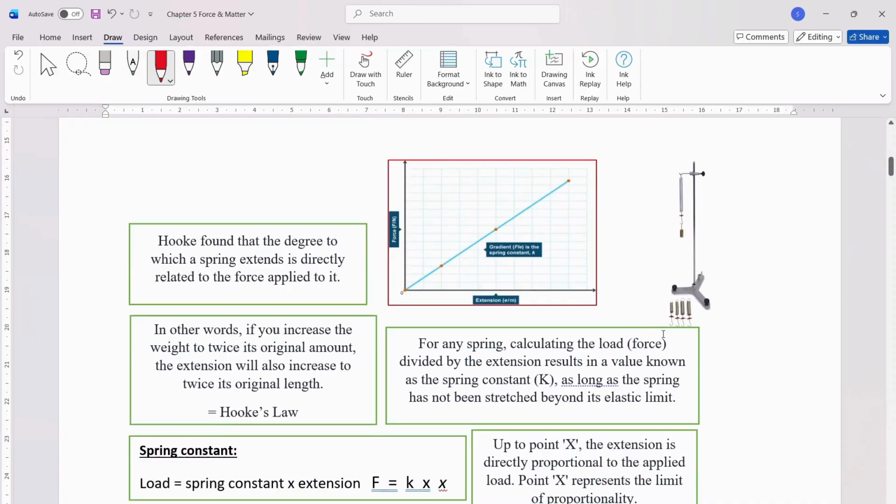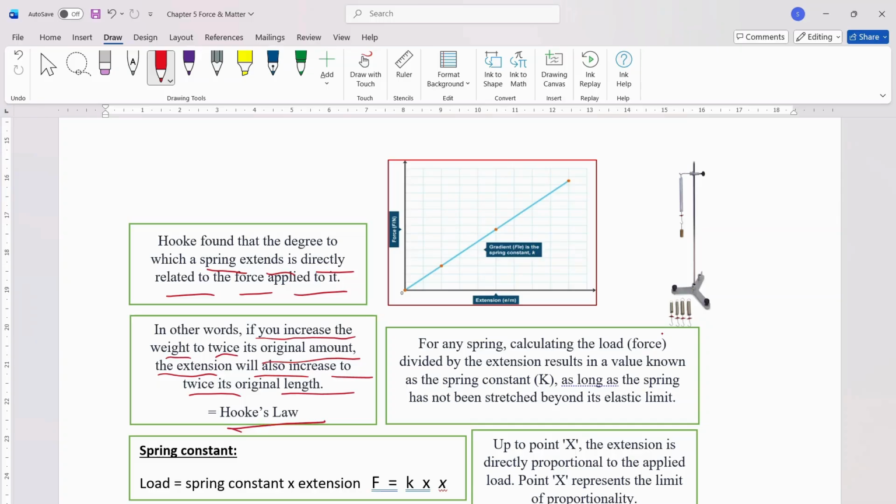So Hooke found that the degree to which the spring extends is directly related to the force applied to it. In other words, if you increase the weight to twice its original amount, the extension will also increase to twice its original length.